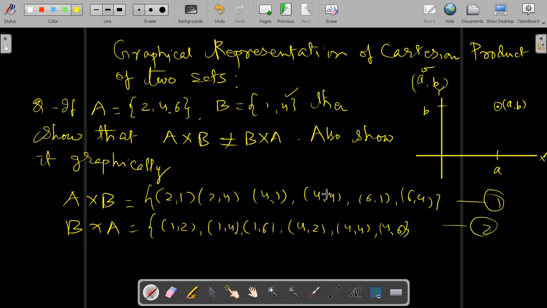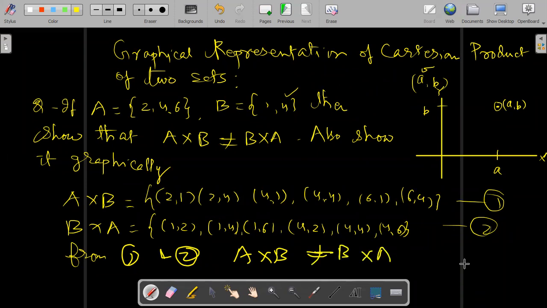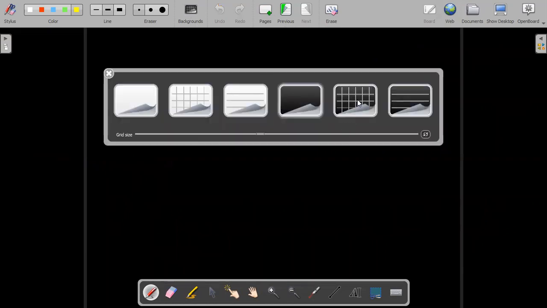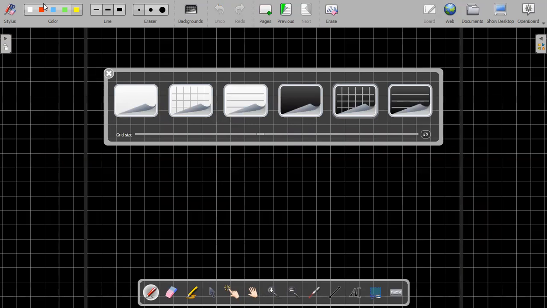So from first and second, we have proved that A cross B is not equal to B cross A. Now graphically, we have to draw these points in a Cartesian coordinate system.